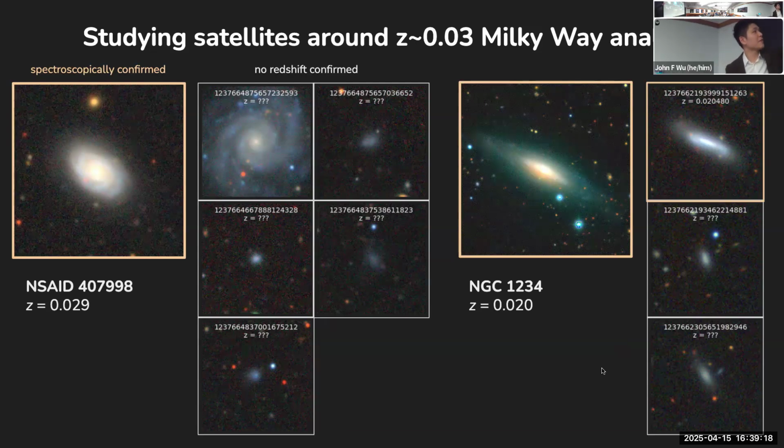It has a low surface brightness but relatively massive dwarf galaxy next to it, and then a bunch of other lower mass dwarfs, which would definitely be hard to follow up through spectroscopy. On the right, you can see there are two spectroscopically confirmed galaxies. This is something like a Milky Way, with something that looks like a Large Magellanic Cloud-like analog. But in fact, we find two more candidates that are plausibly also satellites in the same system.